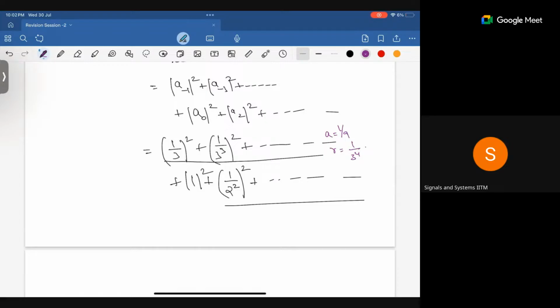And here also A is 1 and the common ratio is 1 by 2 power 4. So use the formulas of geometric series, substitute them, and you'll get the answer.